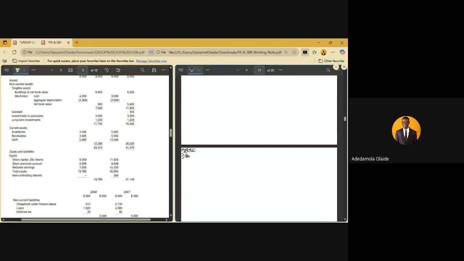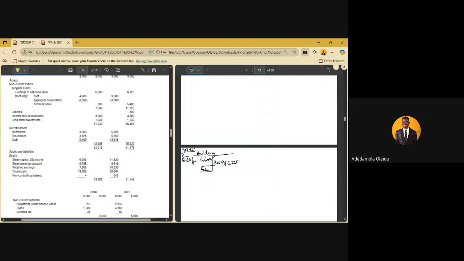Note 1, building. Okay, let's use a ledger. Building. Balance brought forward 6,600. Balance carried down 6,225. Since they told us no acquisition, no disposal, what would have caused the difference?